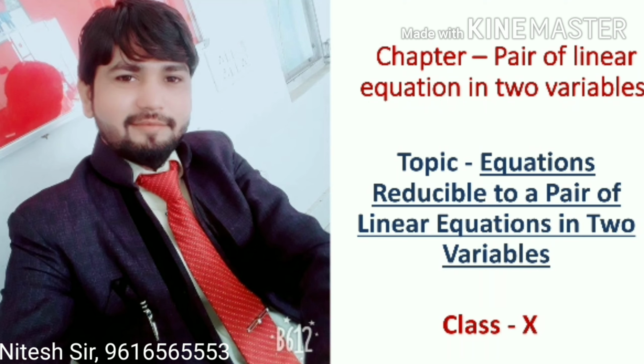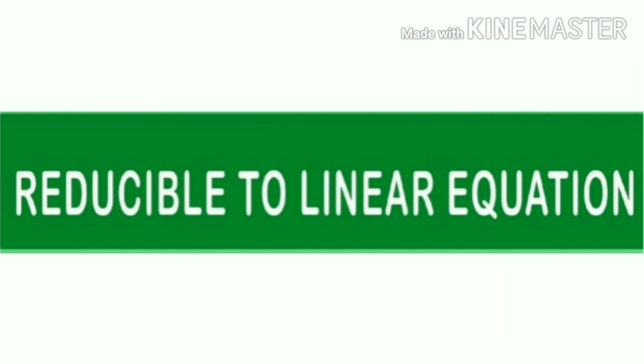So today we are going to learn how we will convert a given equation that is not in the form of ax plus by plus c is equal to 0 into a linear equation. It means we are going to reduce the given equation to the standard form ax plus by plus c is equal to 0.